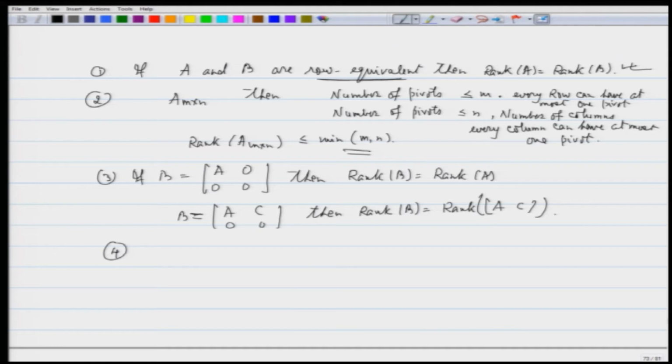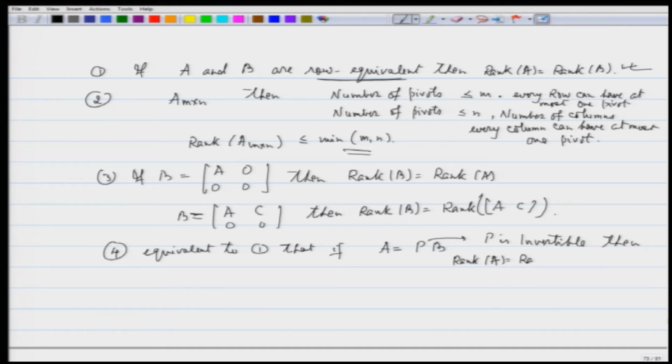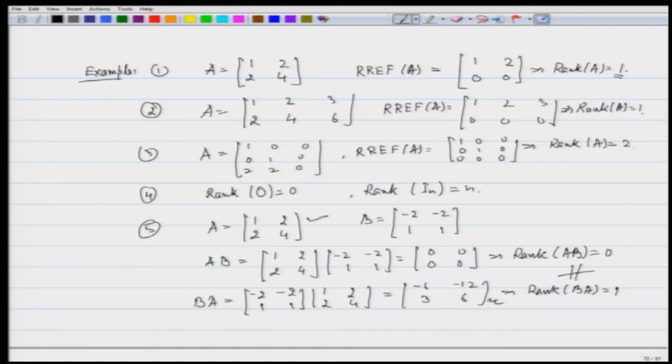So, what we are saying is indirectly, which is same as 1, that if A is equal to P times B and P is invertible, then rank of A is same as rank of B, fine. We already saw in the previous example, let us go back here, that look at A and B, the rank of these two matrices is 1, they are not invertible. So, A and B are not invertible.